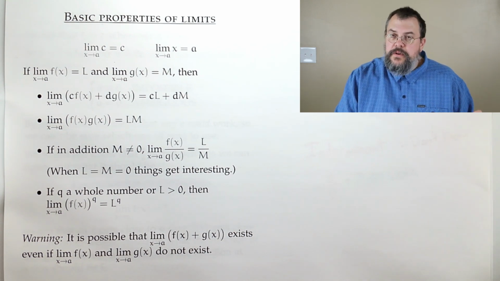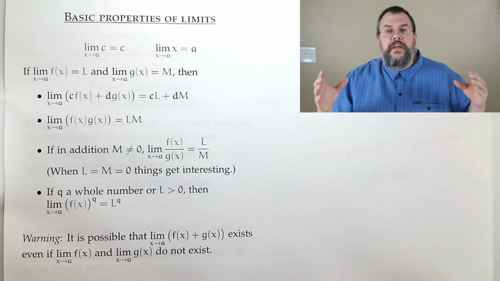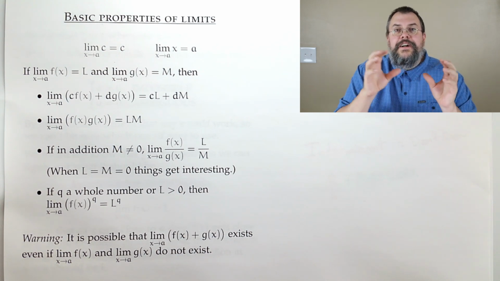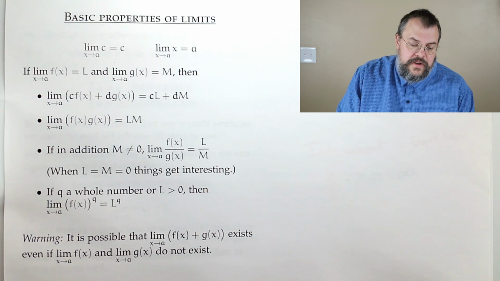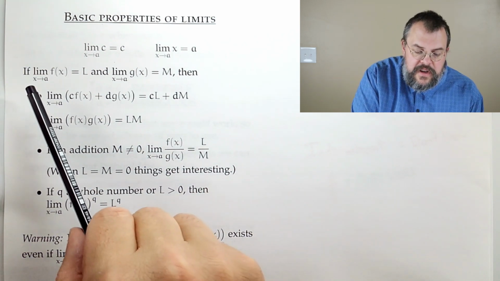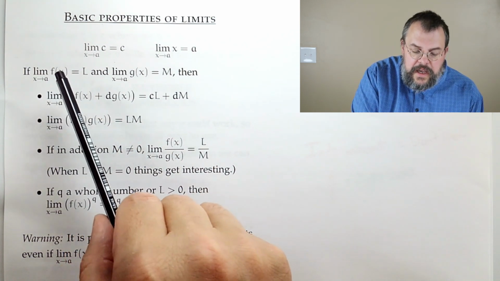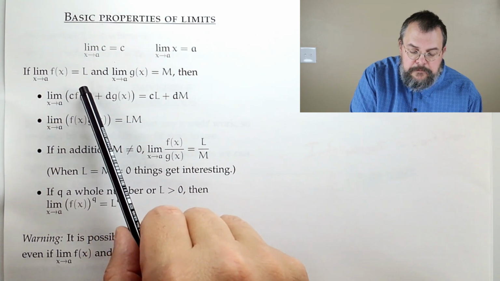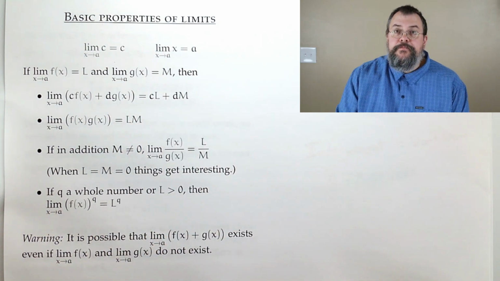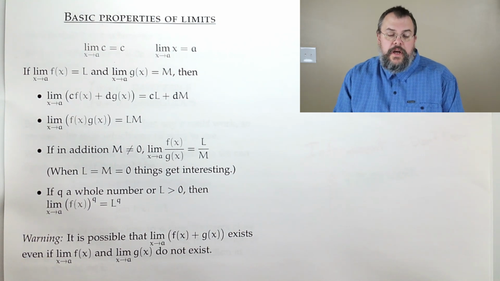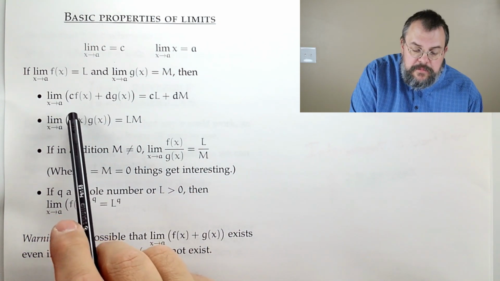But of course, we don't want to do it individually, so we want to start saying, here are some building blocks. Now let's look for ways to put things together. So suppose we happen to know some limits. As x gets close to a of some function f of x, I got L. And as x gets close to a of g of x, I got M. Then I can combine them together.